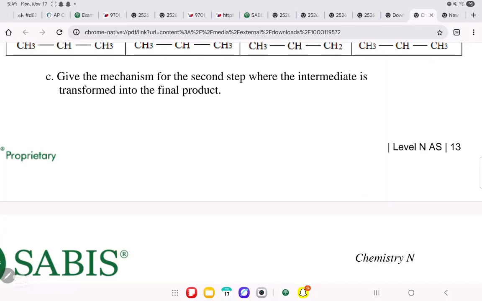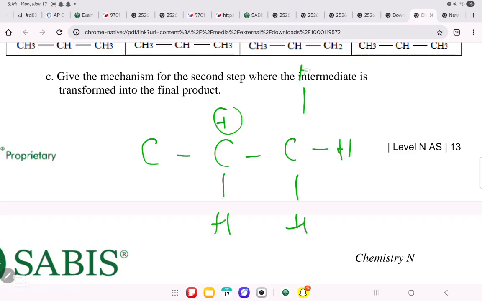Give the mechanism for the second step where the intermediate is transformed into the final product. Now what do we have after this? After we drew the carbocation, right? So what did we say? We have carbon, positive, hydrogen, and hydrogen, right? And then what did we have left?